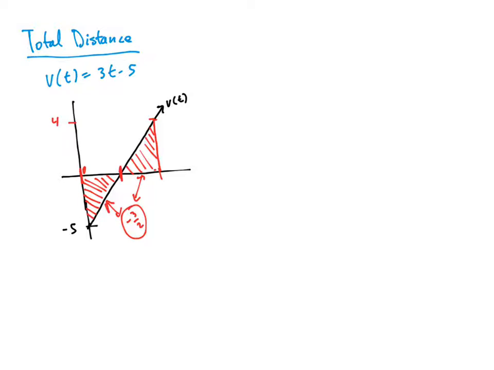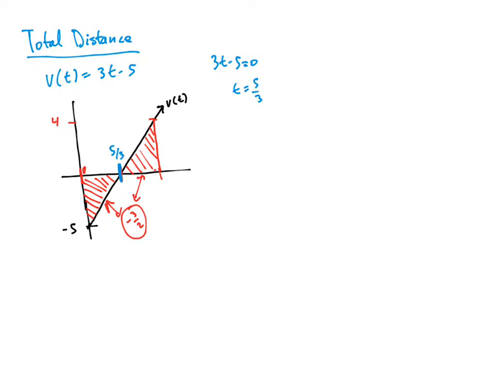And that just means the area below the x-axis was bigger than the area above the x-axis. But now that we want the total distance, we're going to add up these areas and we're going to make them both positive, and that'll give us the total distance. So the first thing we need to do is figure out, what is this x value? So where is 3t minus 5 equal to 0? So 3t minus 5 is equal to 0 at t equals 5/3.